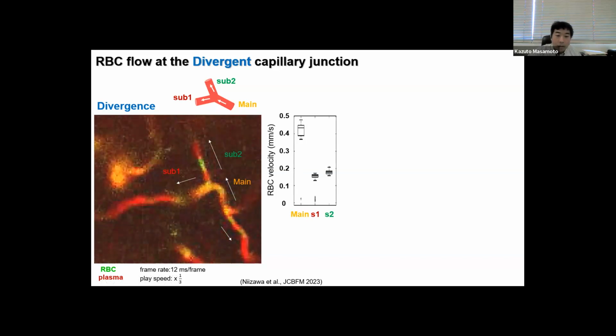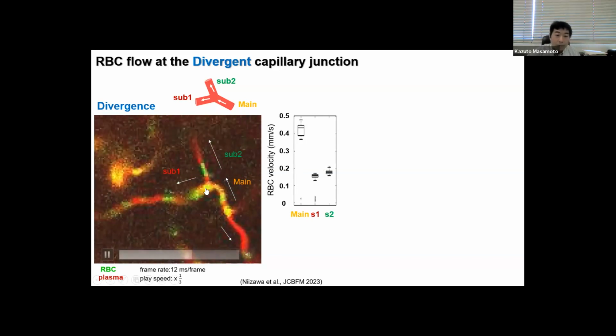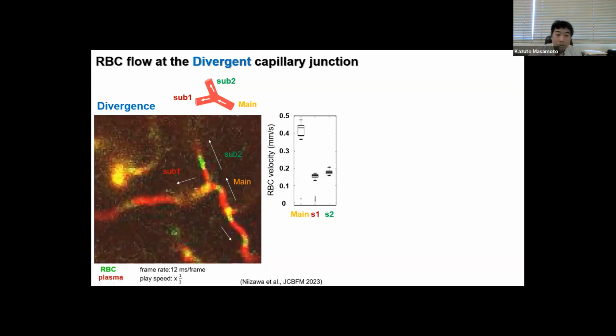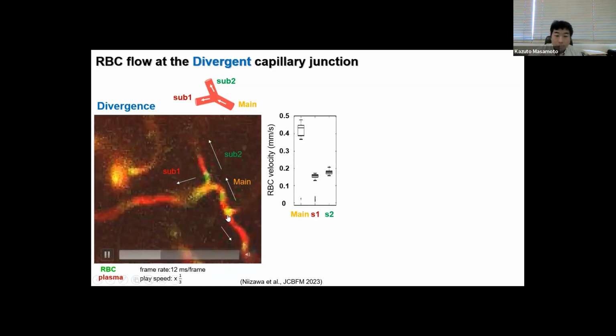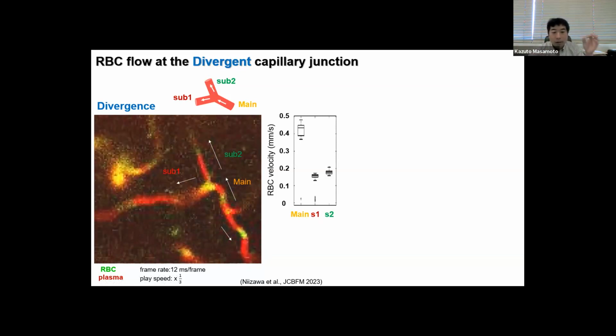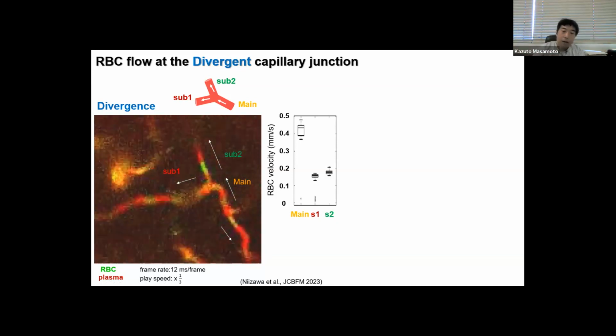Another finding here is very interesting. Red blood cells are evenly distributed, divided between this point and this point, under normal condition. We can imagine that when one capillary has a red blood cell, it causes an increase in the resistance, which means the next red blood cell goes into the other capillary.